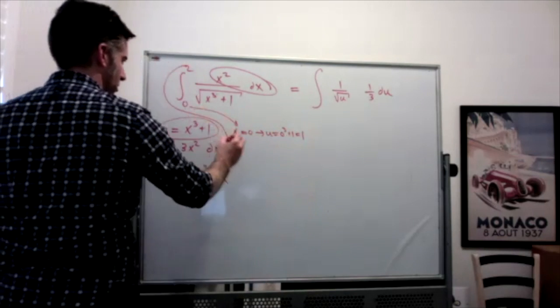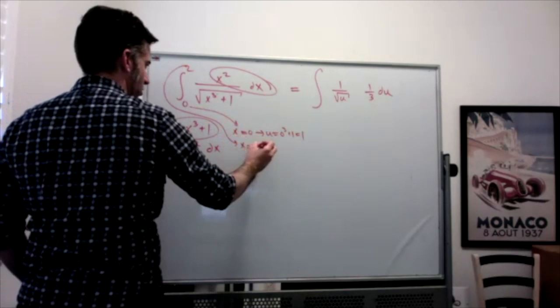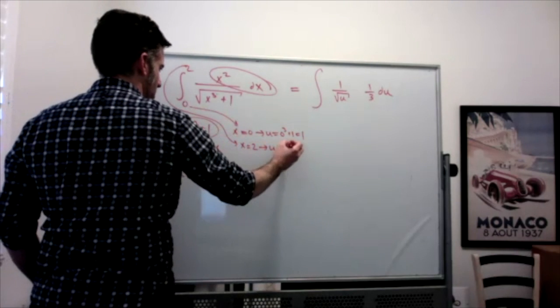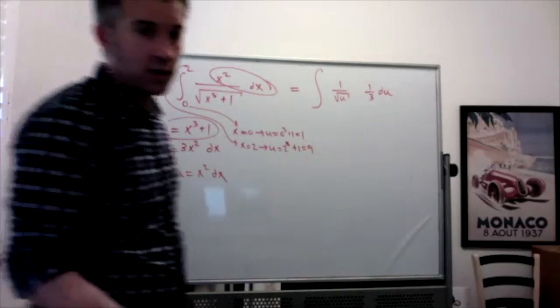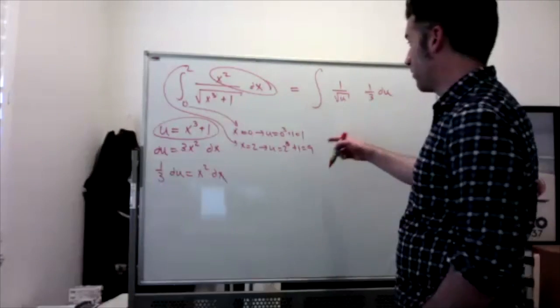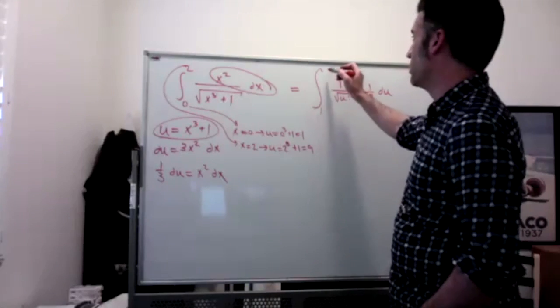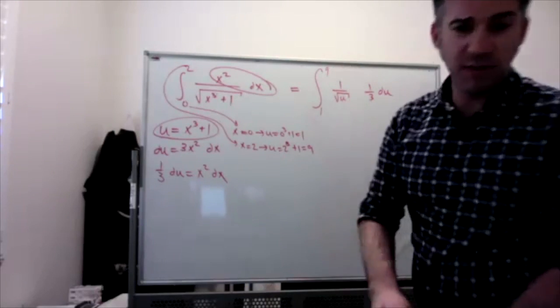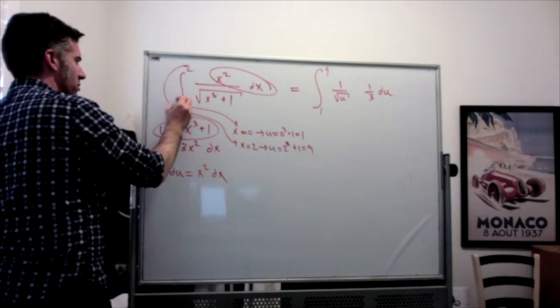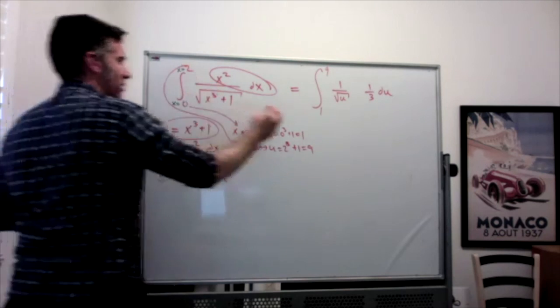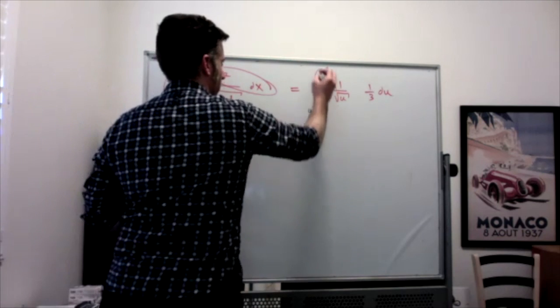And if x equals 2, u equals 8 plus 1, which is 9. So we're doing the integral from u equals 1 to u equals 9. Sometimes people even write that these are x limits of integration and that these are u limits of integration.